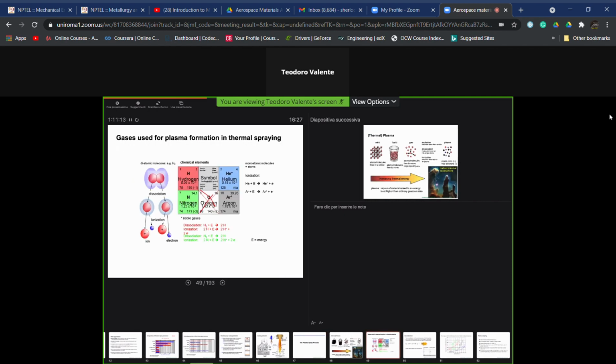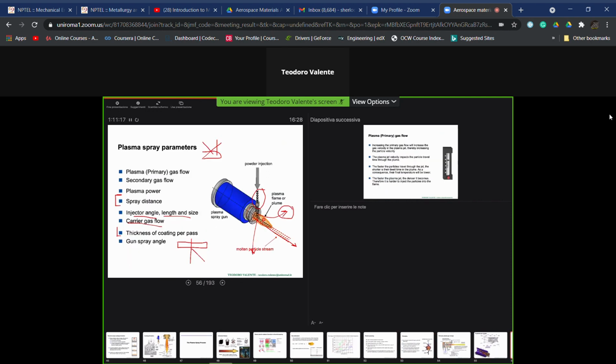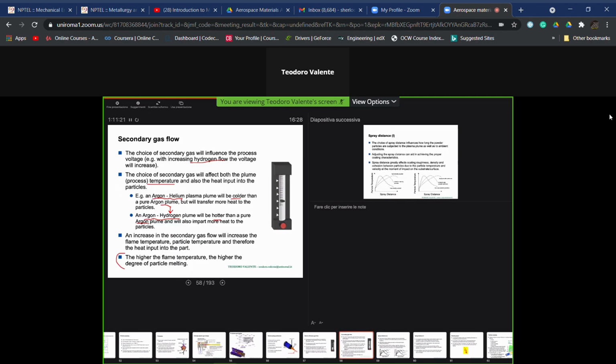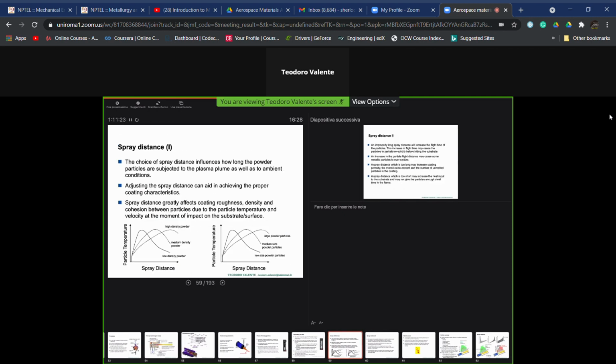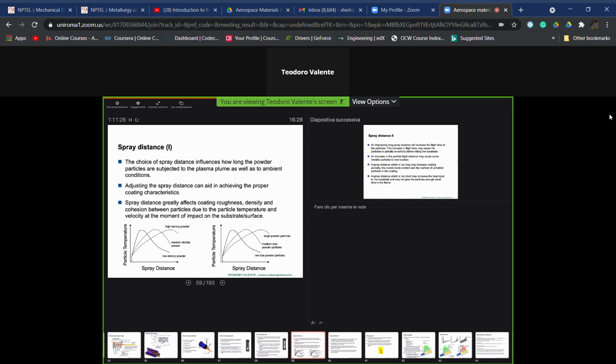Let me go again to that slide for the best definition of the spray distance. Obviously, if we are talking about thermal barrier coatings or standard coatings like alumina, titanium, wear-resistant coatings, very often used, we already know which are the parameters which can give us the best results.